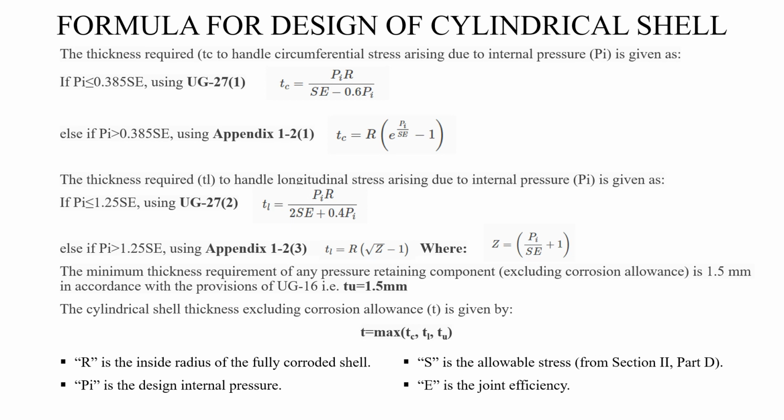Moving on, the thickness required to handle longitudinal stress. Here also we have a condition. If your internal pressure is less than or equal to 1.25 times S times E, the allowable stress multiplied by joint efficiency, then you use UG-27(c)(2). Or, if your internal pressure value is more, in that case you have to use the formula TL equals R times (square root of Z minus 1), where Z equals Pi divided by SE, plus 1.